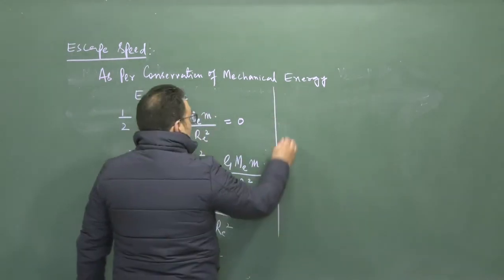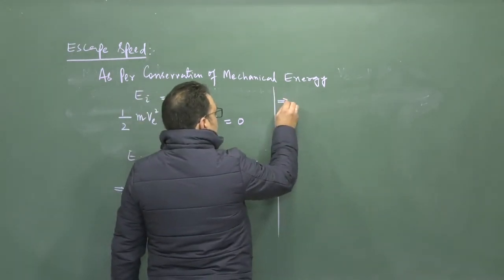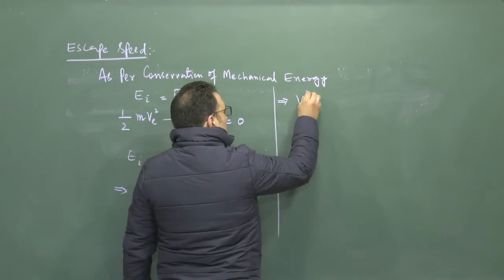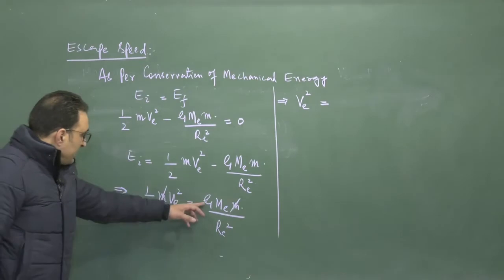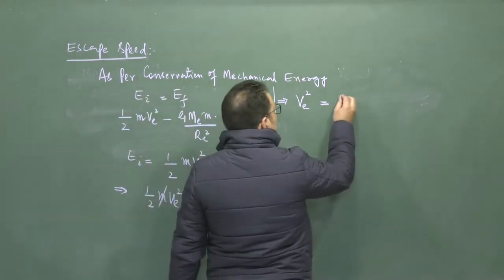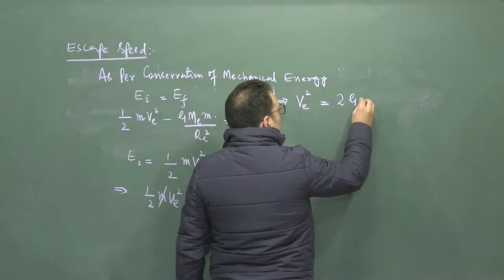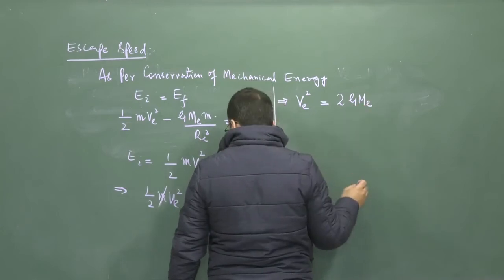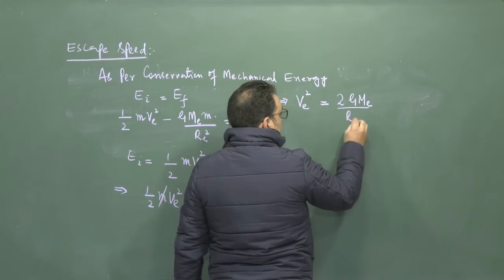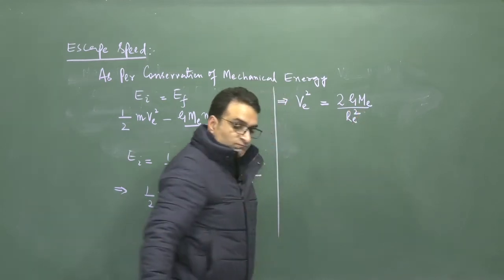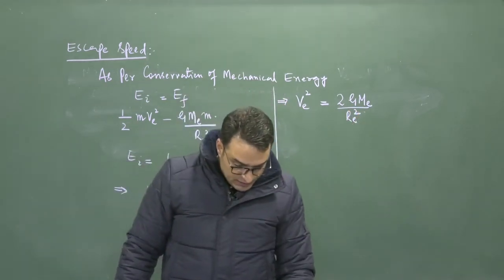Therefore, we are left with v_e square equal to twice G M_E by R_E.